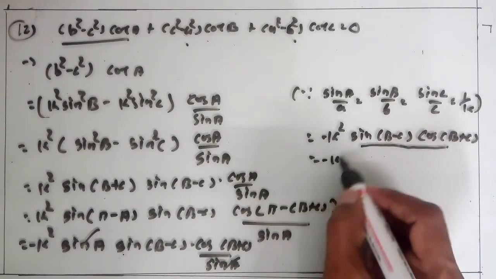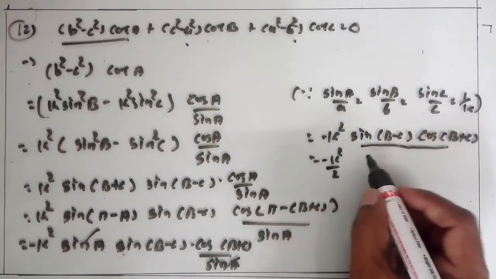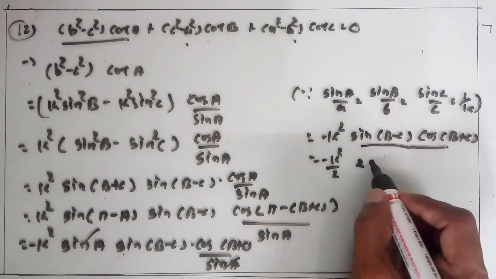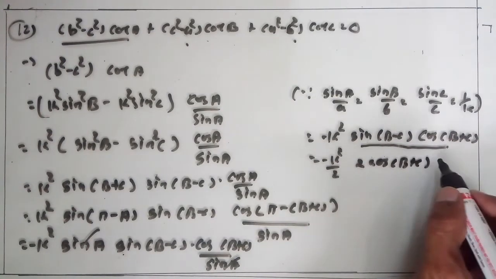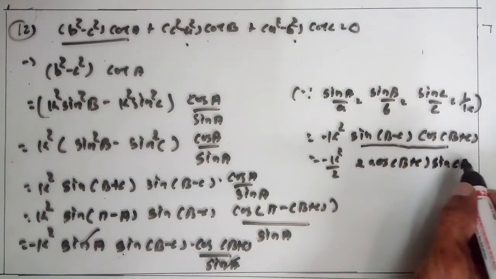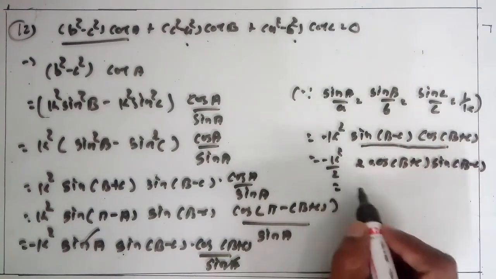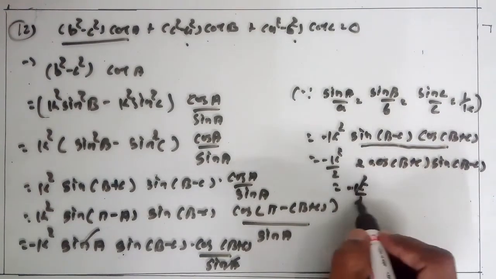So −k²/2 into 2 cos(B + C) into sin(B − C). Clear this? So it is equal to −k²/2.